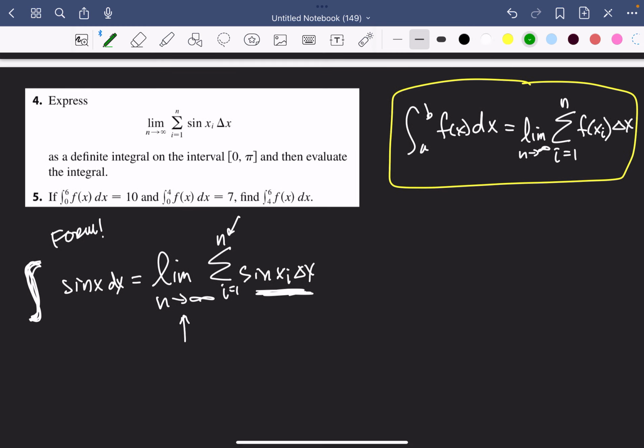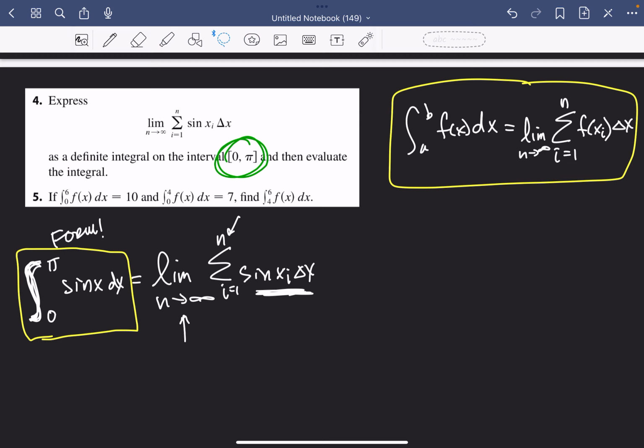And they told us, guess what? It's the area on this interval, so that means it's from 0 to pi. So this would be a way to describe that infinite sum.